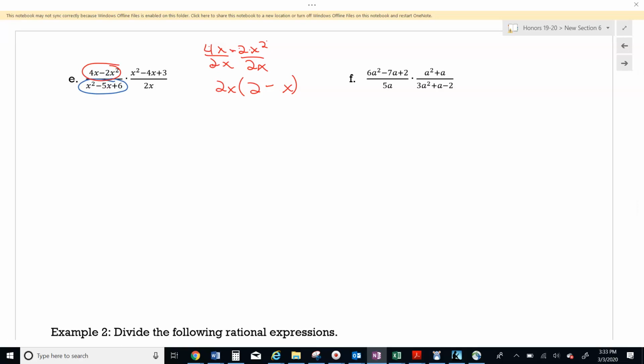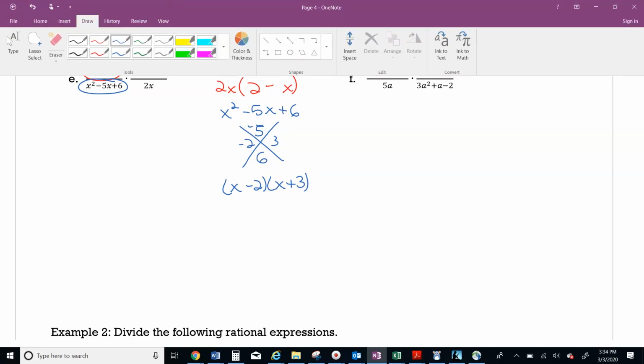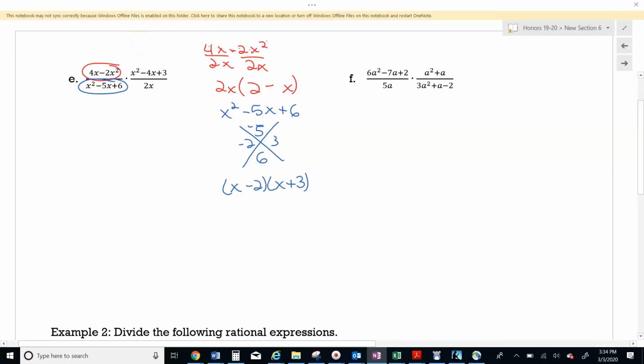Our other one, x squared minus 5x plus 6. We're adding to negative 5, multiplying to positive 6. A lot of people want to say like 6 and negative 1 or negative 6 and 1, but that doesn't work. It is actually negative 2 and positive 3. Then we have this one here.